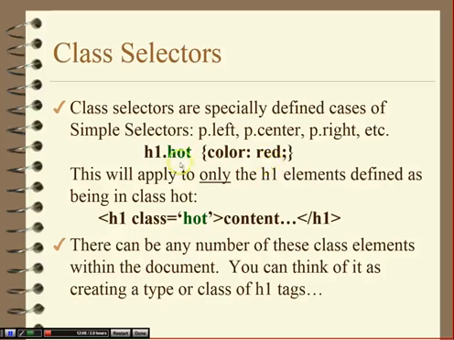Now, to differentiate this, I have to indicate in the HTML that this H1 is of this class. So I use the class attribute. So this rule is going to apply only to H1 elements which have this class. It won't apply to others. Okay? Does that make sense?